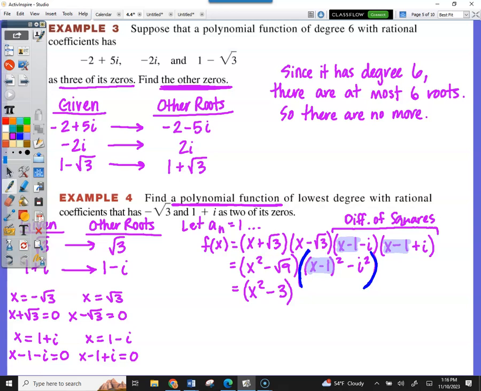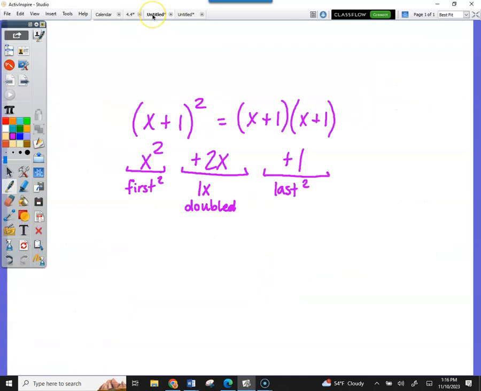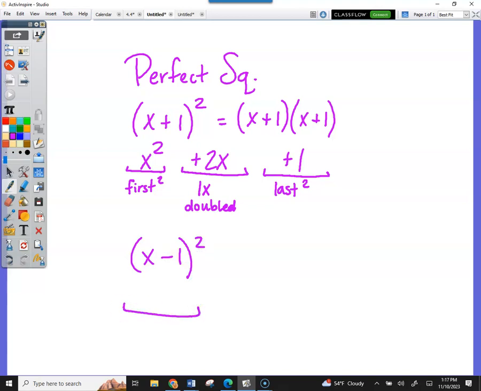Okay, right here. You can do this two ways. You could go ahead and multiply the x minus 1 squared. Remember, this was when it was perfect squares. Now this says x plus 1, so be careful. But remember, you square the first term, multiply the two together, and double it, and then you square the last term.